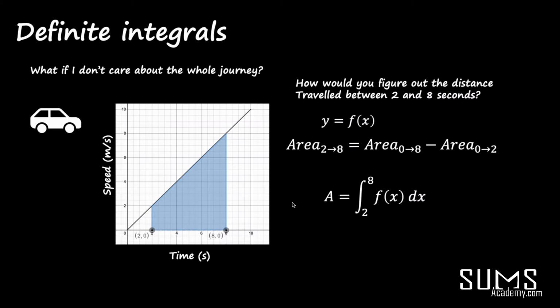So like I've said here, your area between 2 and 8, just call this area or distance or whatever, will be equal to your area between 0 and 8 minus your area between 0 and 2. And when we're writing this out in integration notation, you'd write it like this. You'd say A is equal to the integral between 2 and 8 of f of x with respect to x. And you always put the larger number on top, and it's always the bigger number minus the small number.